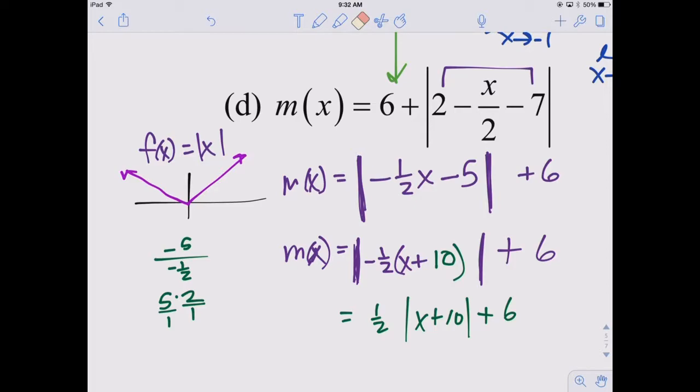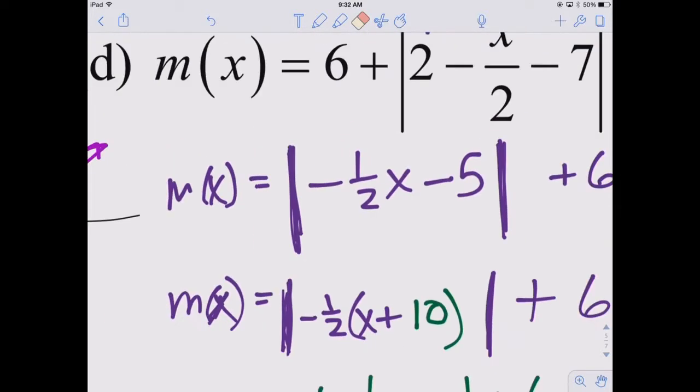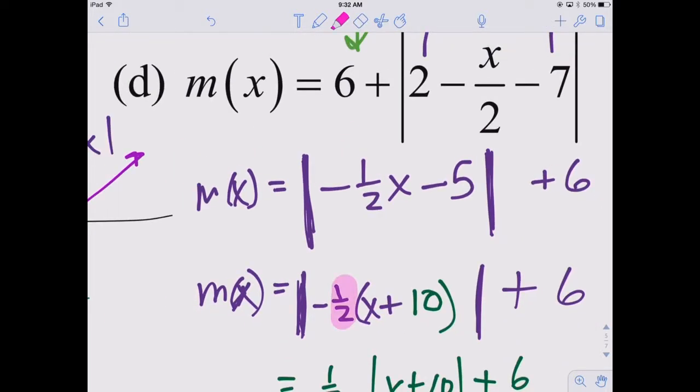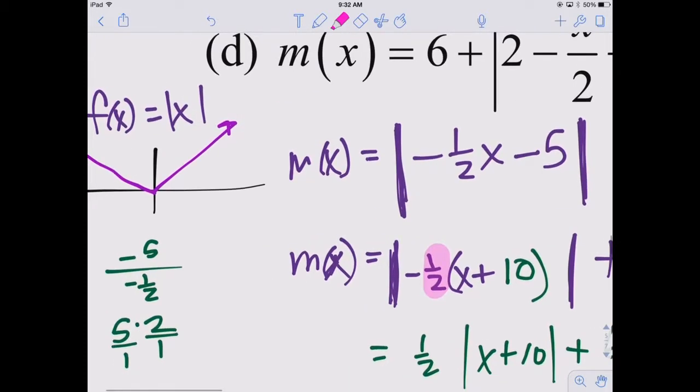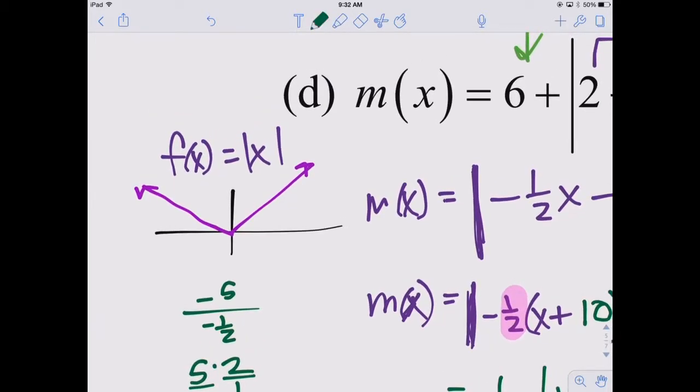But the 1/2, if you leave it on the inside, would be a horizontal what? Stretch by a factor of 2. When you stretch this graph, it has the effect of making it wider, yes? Wider. And let's see what that would look like. If you make it wider because you're stretching it horizontally, you're pulling it this way, it looks wider.